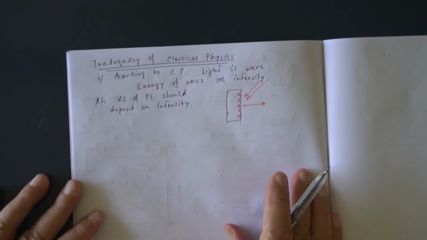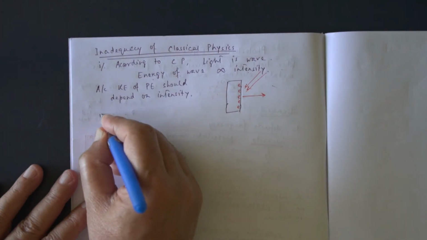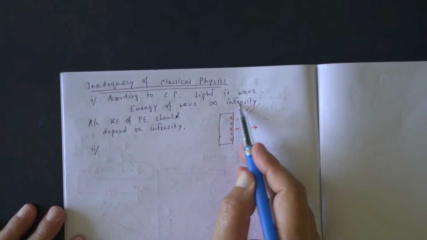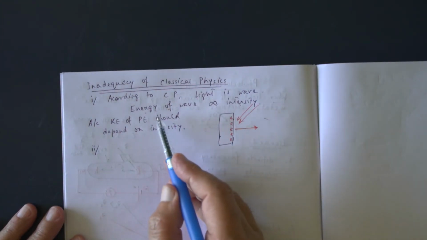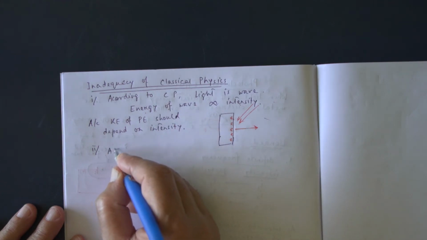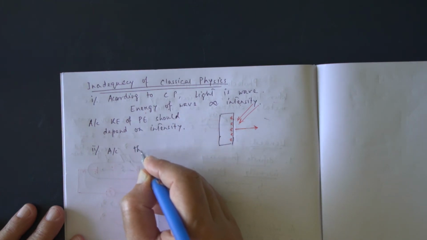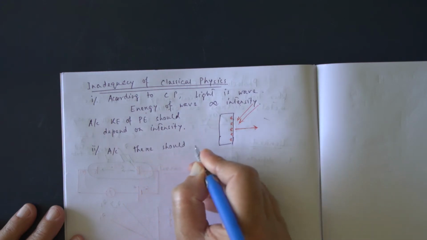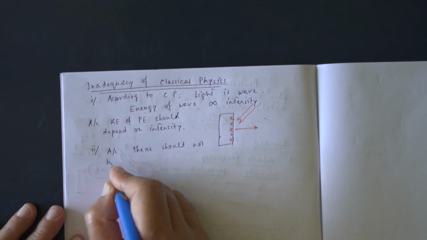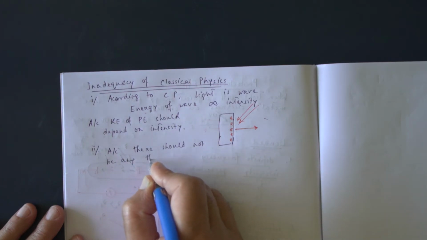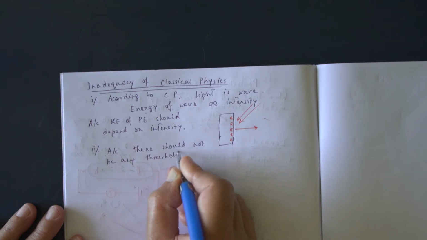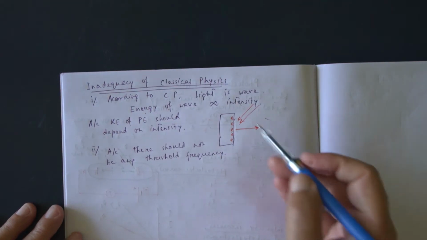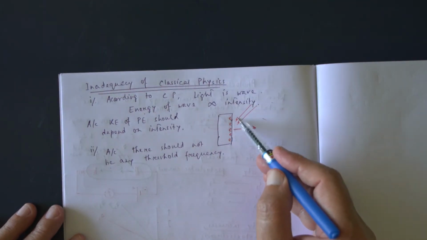The second point is that since energy is proportional to intensity, according to classical physics there should not be any threshold frequency. Why? Once again, because electrons are getting energy from radiation.